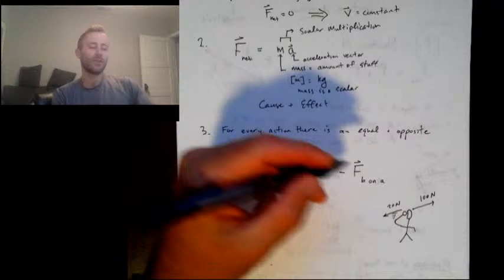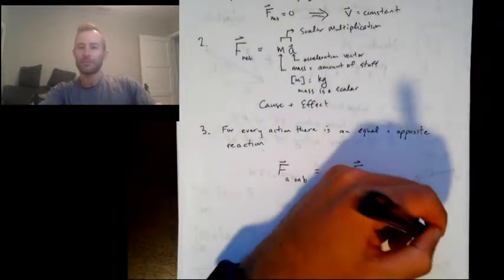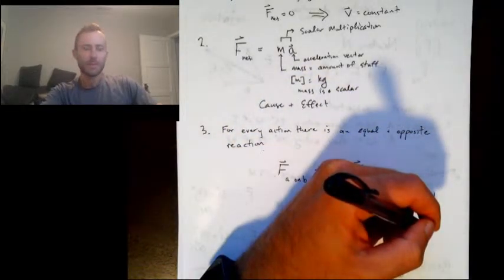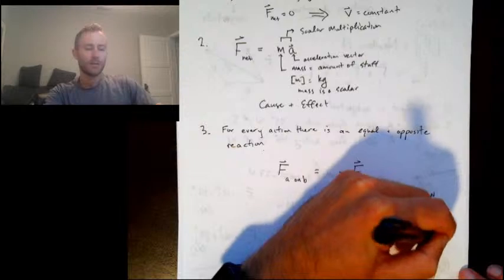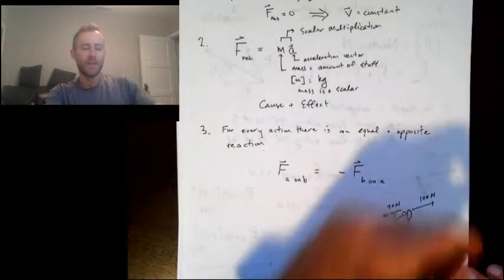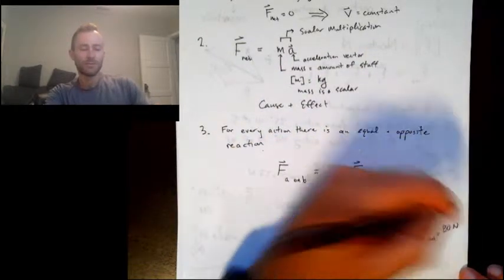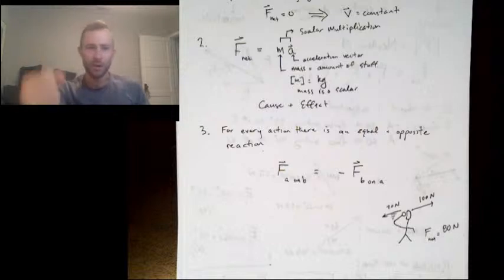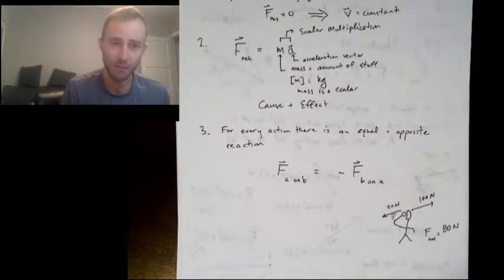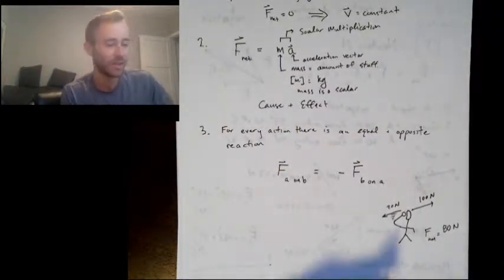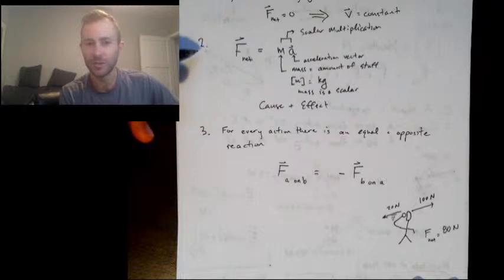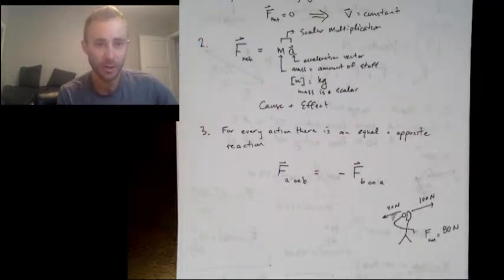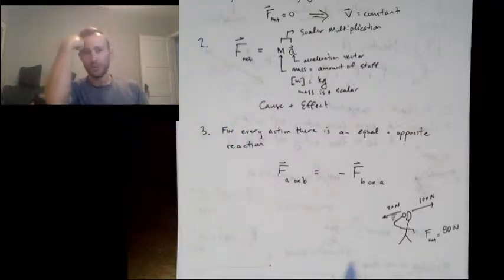In which case, what would be the net force? In this case, it would be 80 newtons. So by punching yourself, you have exerted a net force on yourself. And then, when we plug that into Newton's second law, you would then accelerate. So that would mean that by punching yourself in the face, you could accelerate up into the air.